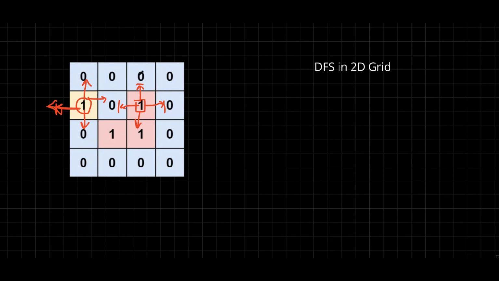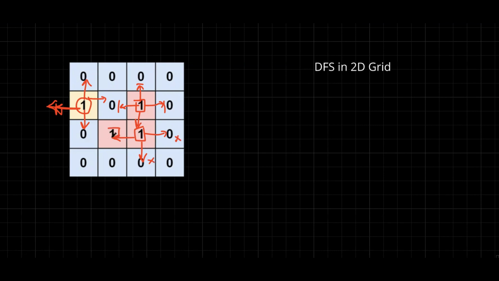We cannot even move to the water cell. So we have to move downwards. From there, we can go either right, down, left or up. So here, we cannot go right or down. So we will go to the left.